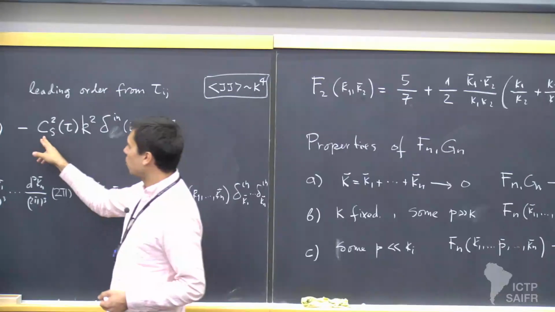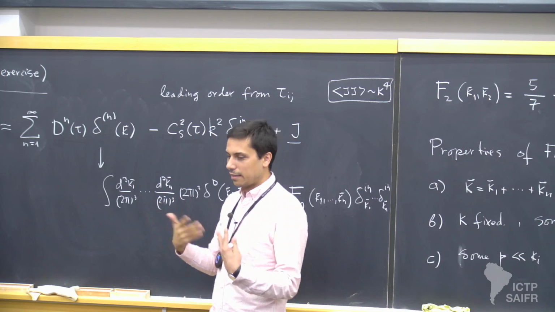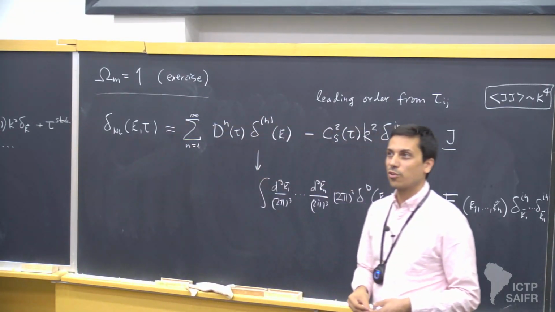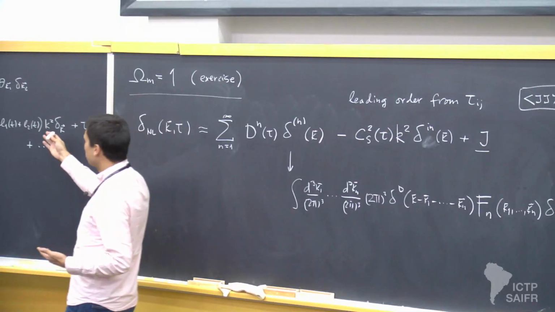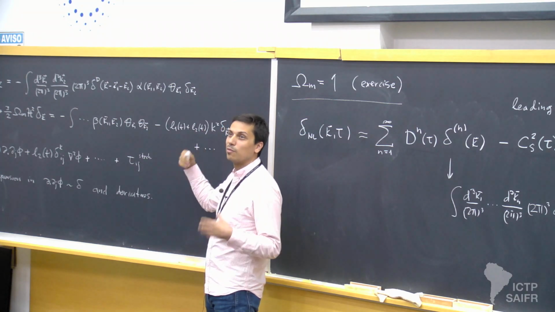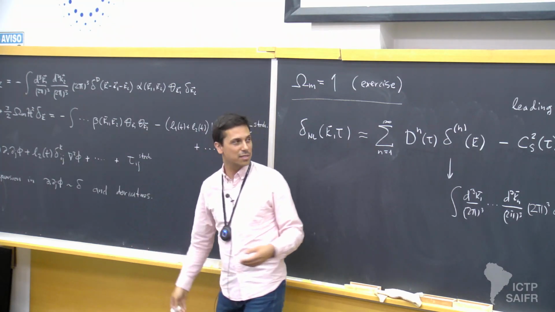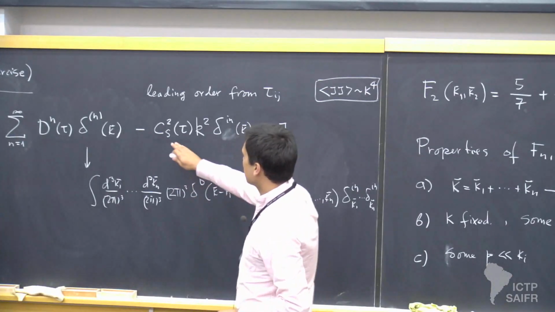Now, this is usually called in this literature the speed of sound. It's a bit unfortunate, this name. It is called the speed of sound for historical reasons, because those kinds of terms, roughly speaking, correspond to the pressure terms in the equations of motion, and they're multiplied usually with the speed of sound in fluid dynamics. But the way you should think about this really is there is some scale.